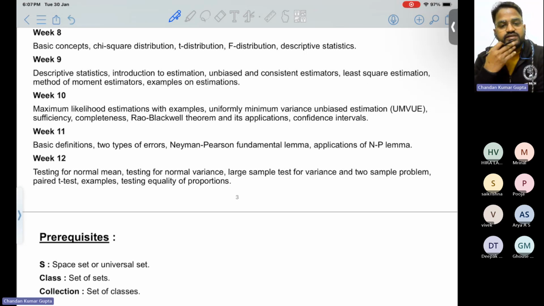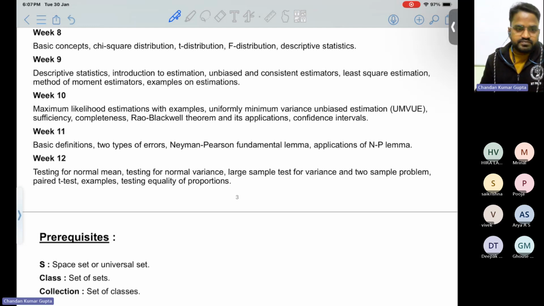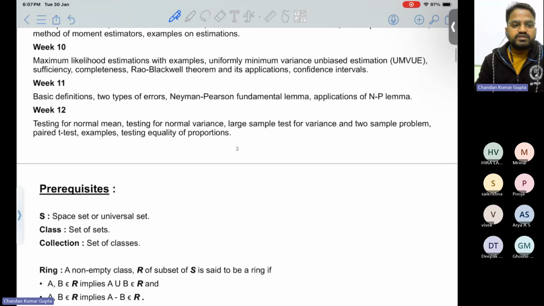In the successive weeks, we will discuss the uniformly minimum variance unbiased estimator, and most of the examples are done on that topic. In the 11th week, we will discuss hypothesis testing.